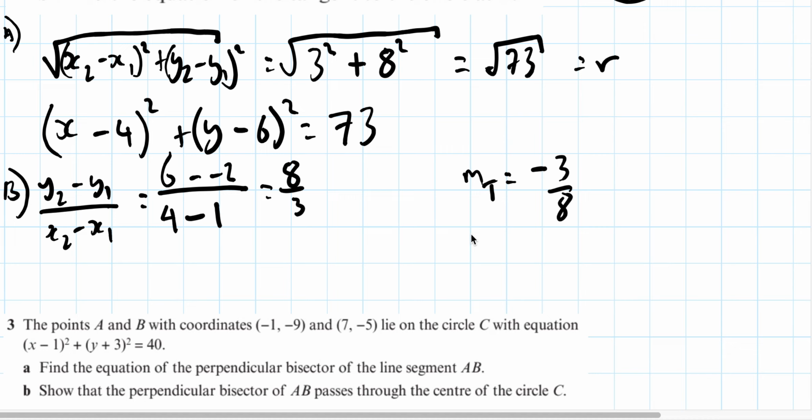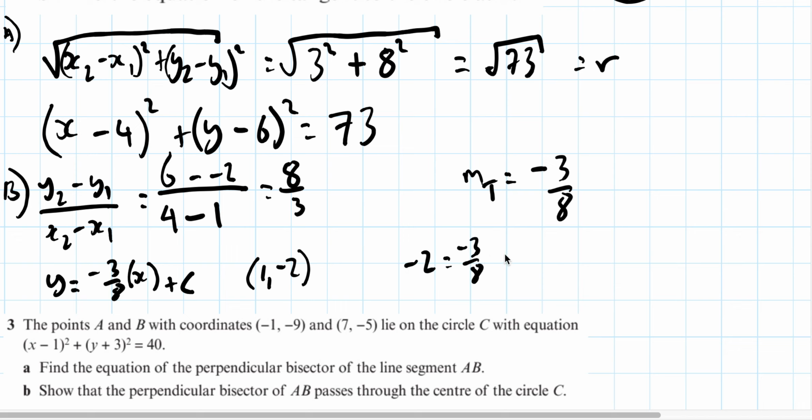So now to work out the equation of the tangent, I'm going to put it into y equals mx plus c, and then substitute the point P that lies on the line. So x is 1 and y is minus 2: minus 2 equals minus 3 over 8 times 1 plus c.